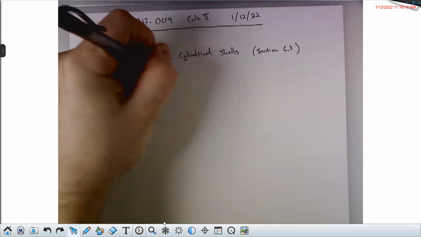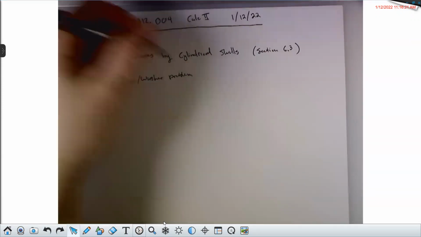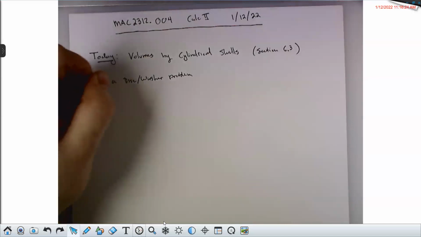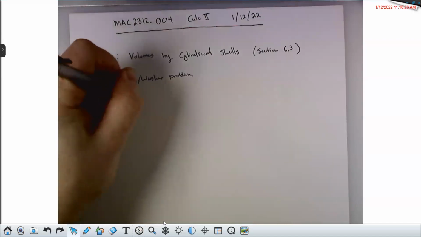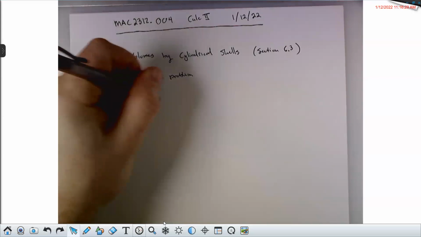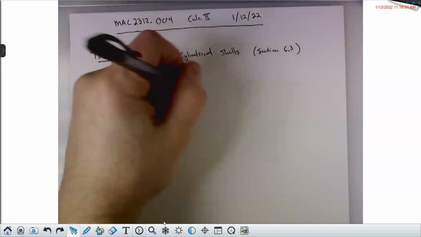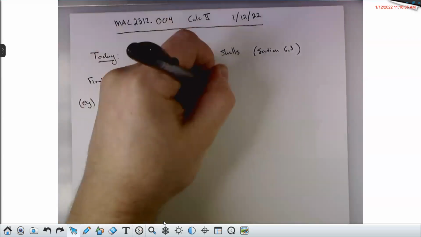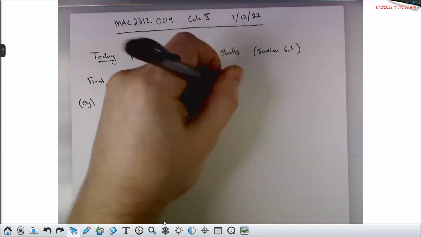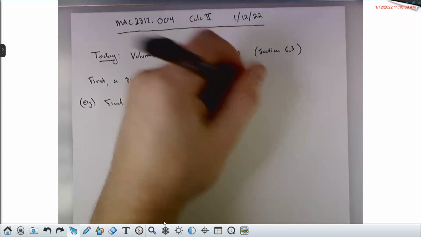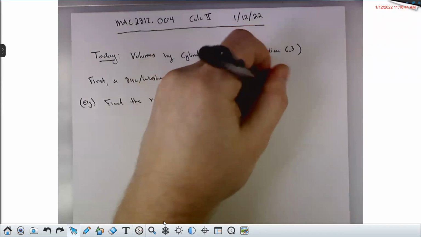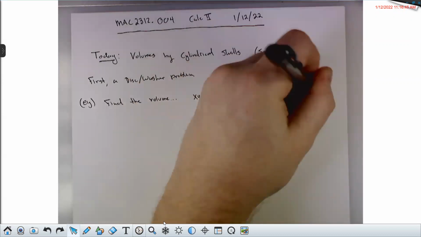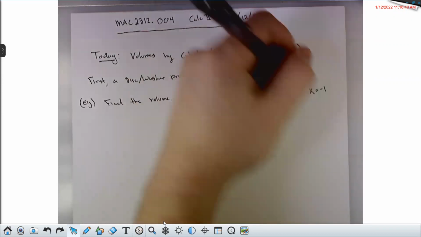So first we're going to do this disk washer problem. Like I said, I'm not going to write all the words. Find the volume, blah, blah, blah. The curves are x times y equals 1, y equals 0, x equals 1, x equals 2, and we're going about the axis x equals -1.